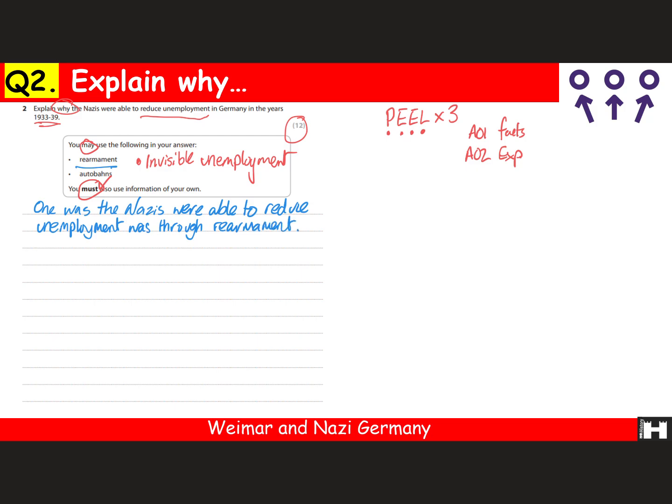Okay, so what I've effectively done here is the P, the point. I'd actually get the mark for just talking about my basic point. Now what I need to do is add some evidence and some explanation.